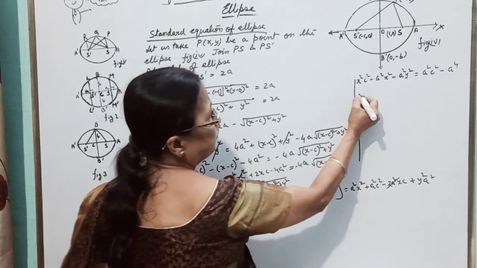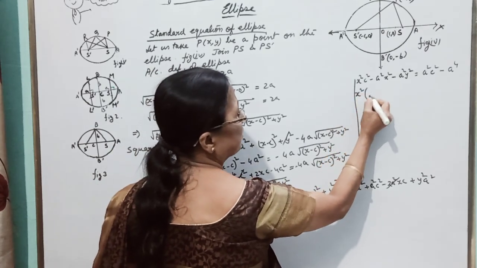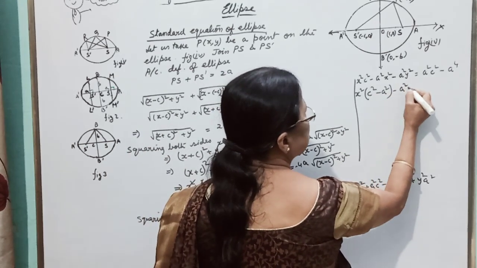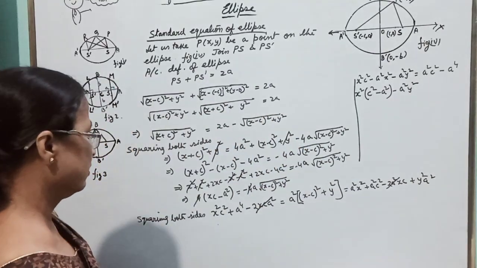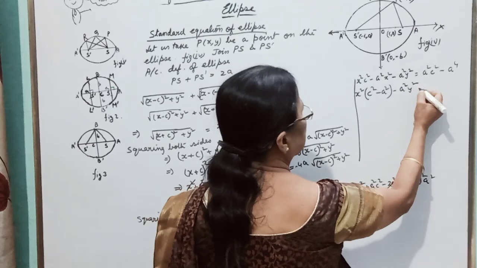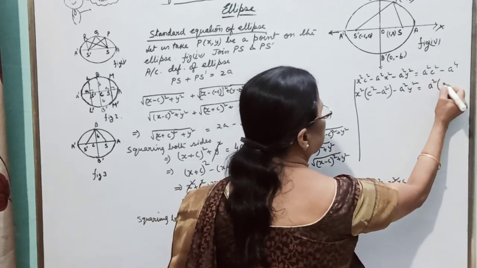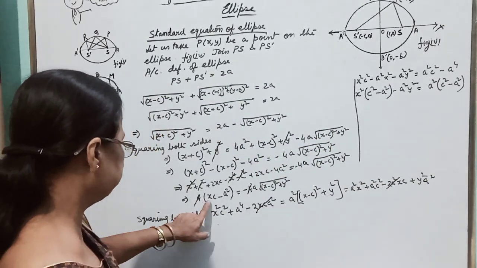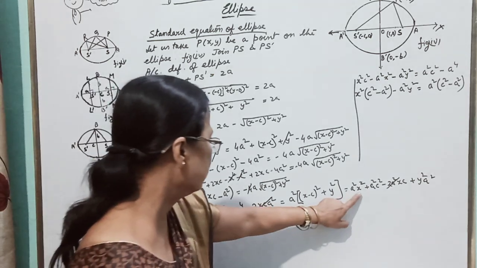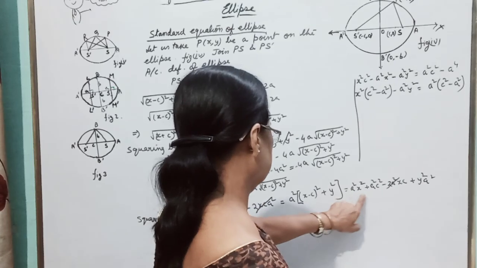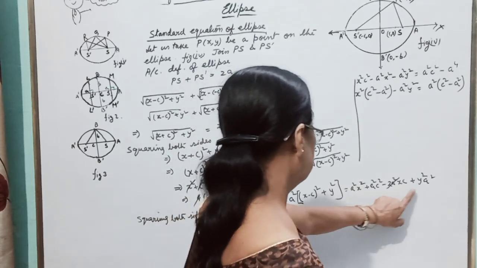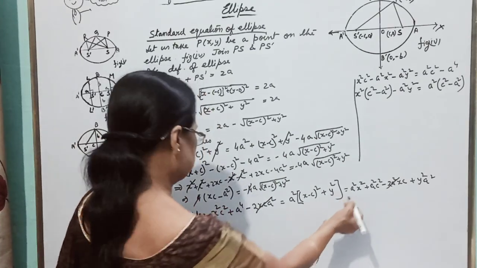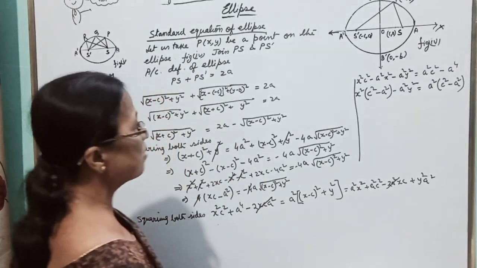Now I have taken x square common, c square minus a square, minus a square y square, and this is a square common, take c square minus a square. So x square c square minus a square x square minus a square y square is equal to a square into c square minus a square.